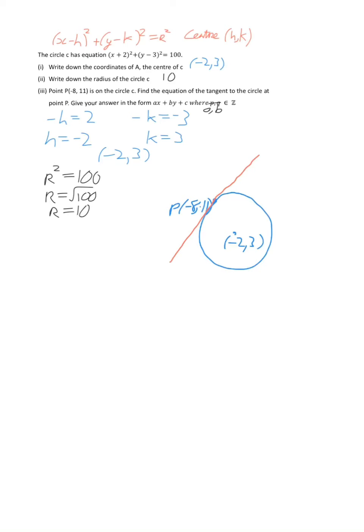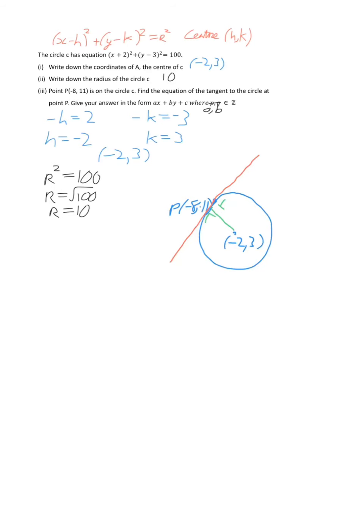And so to find the equation of a line, you need a slope and a point. We have our point, but we need to find the slope. So what I'm going to do is find the slope between the center and P, and then the slope of the tangent is going to be perpendicular to that slope.